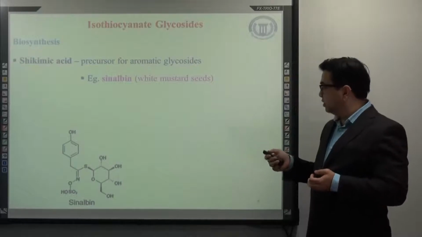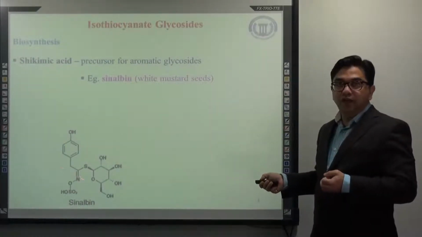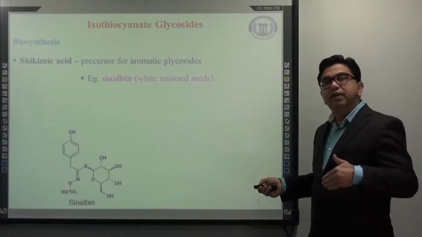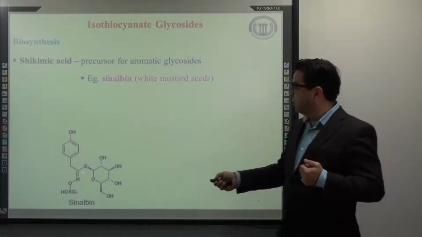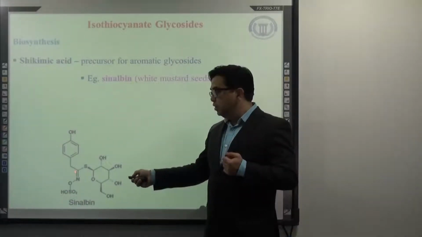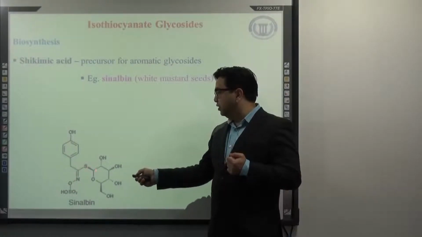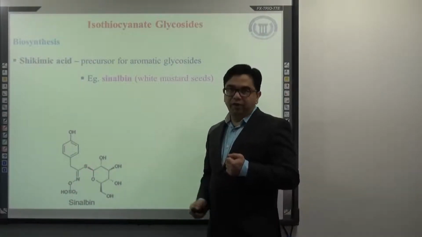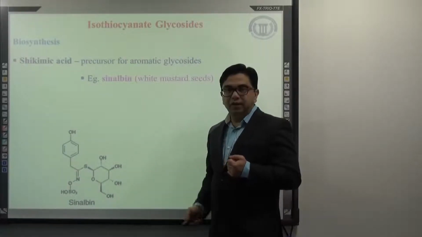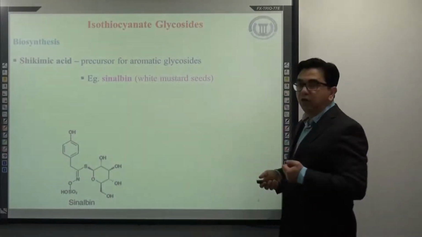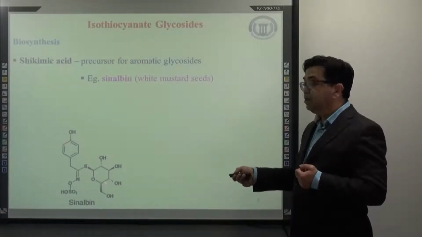If you look at the structure of sinalbin again, it is an example of isothiocyanate glycoside, as well as one type of glucosinolate. It has a central carbon atom which is attached to a sulfate group by a nitrogen, and which is also attached to a glucose by a sulfur, and it also contains the SCN system. So it is an example of isothiocyanate glycoside because it is attached to a sugar molecule.